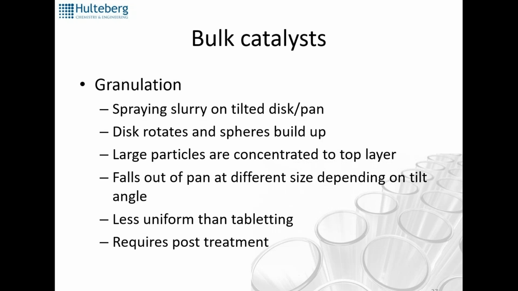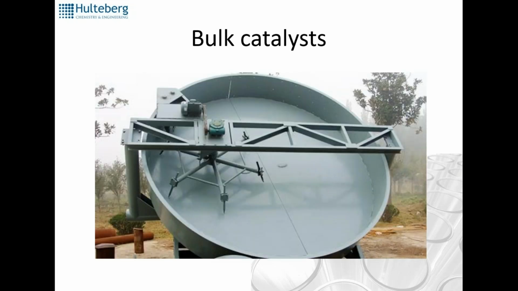And again, once we've done the granulation, there will be some kind of post-treatment like calcination, activation, and drying. And this is an example of a pan. So basically, depending on the tilt, you will see accumulation of the material down here. The largest particles will be on top, and they will fall out of the pan.